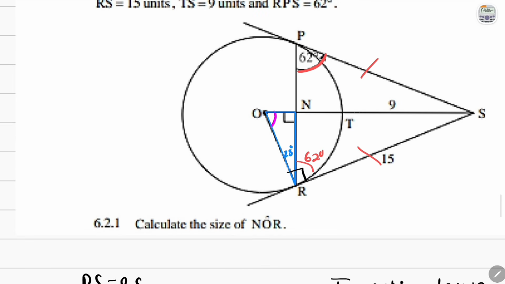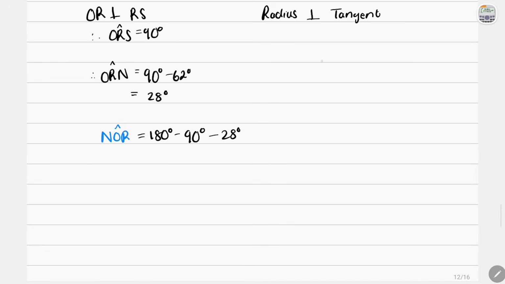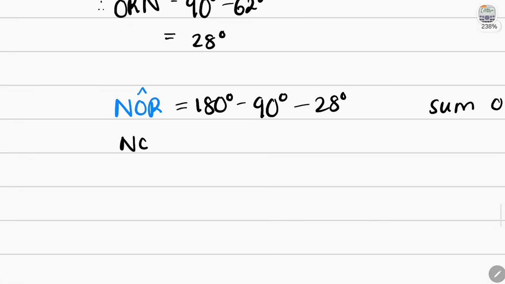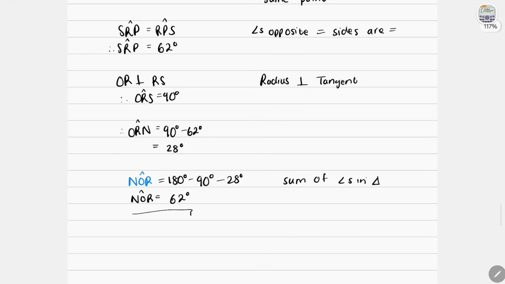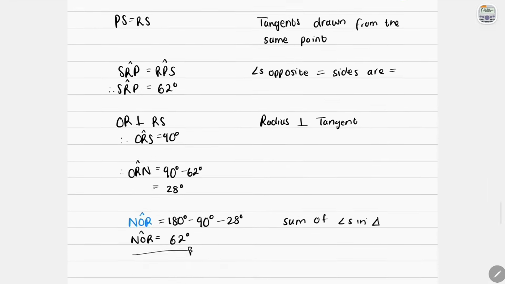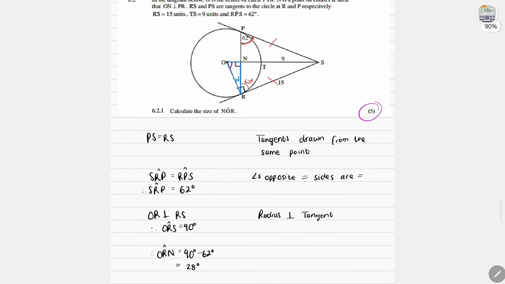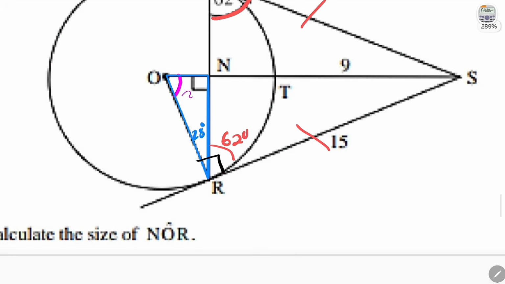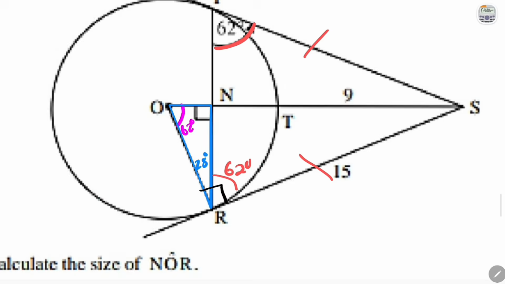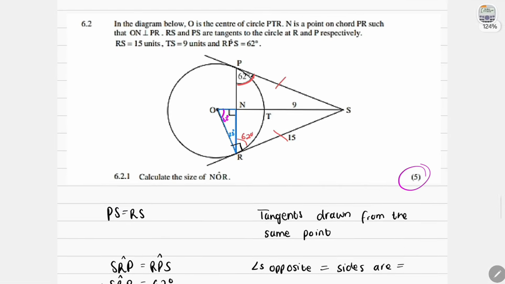First put your reason. So finally NOR is equal to 90 minus 28, which is 62 degrees. And that is our answer. That is it for that question. Makes sense why it's 5 marks. So we have that as 62 degrees, and that is our answer.